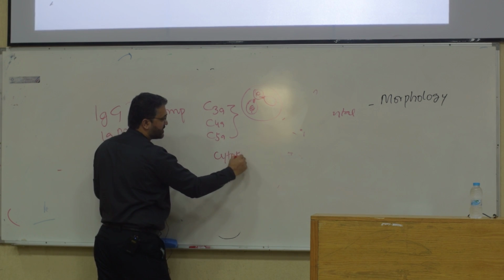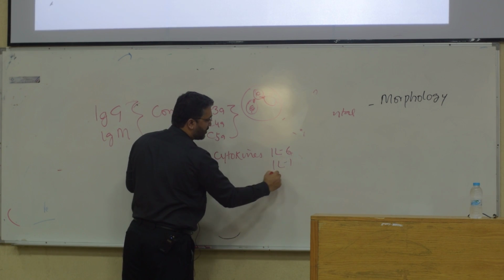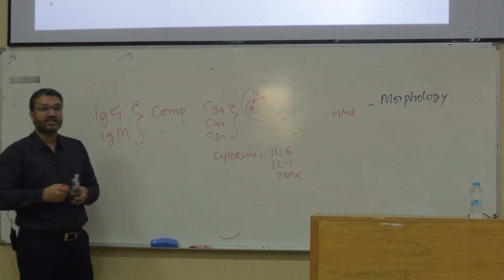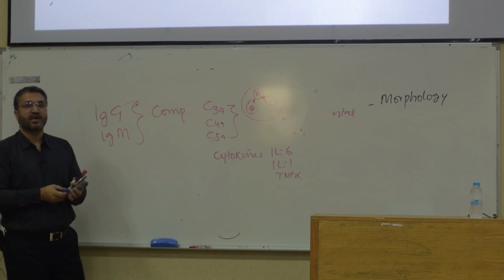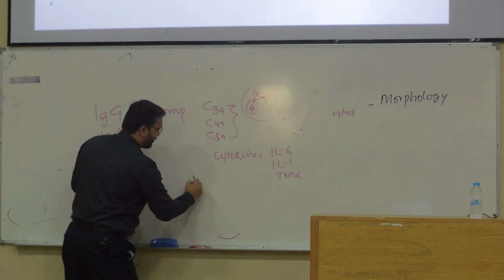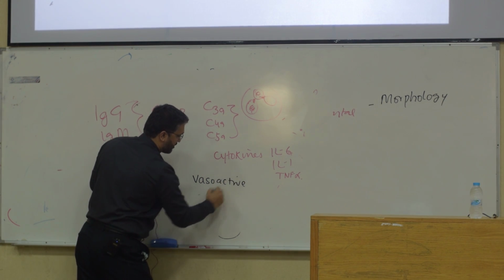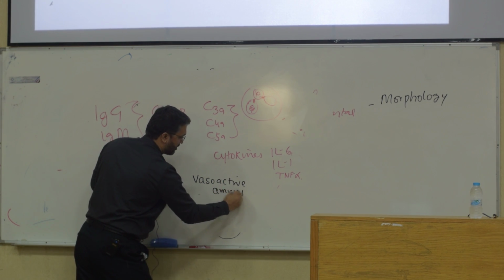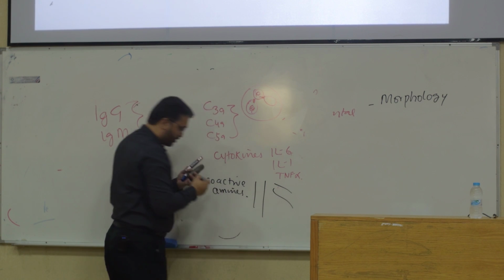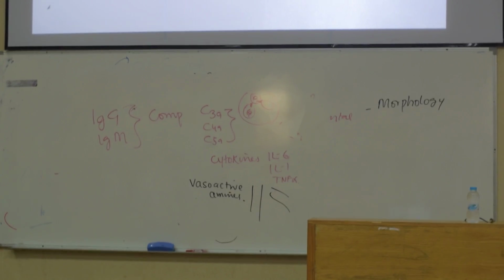Which cytokines? IL-6, IL-1, TNF-alpha, and also vasoactive amines: histamine, bradykinin, prostaglandin. They will have effects on the blood vessels, on the bronchioles, peripheral vasculature. So all these things are going to cause damage.